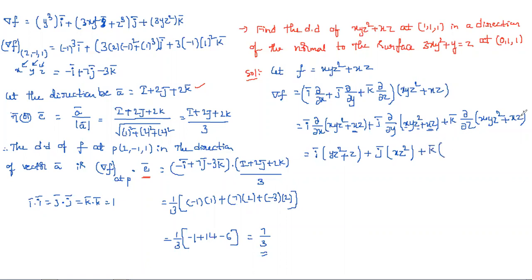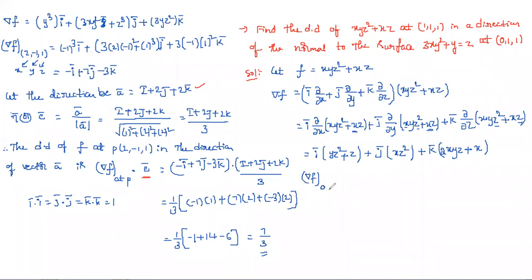And next plus k into dou by dou z of this one, so with respect to z means x and y are constants and the derivative of z square is nothing but 2z, plus here with respect to z, x is a constant and dou by dou z of z is 1.